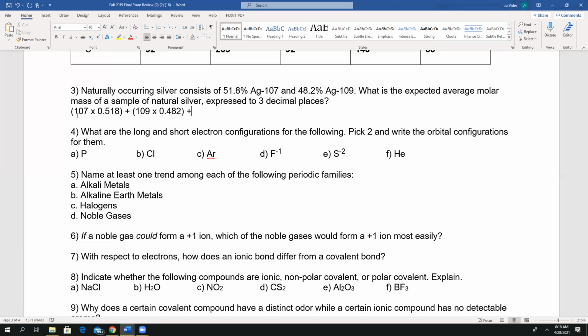And I get, man, that's supposed to be equal. Oops, it's supposed to be equal. Equals 107 point, it says to 3 decimal places, so 964. And that is it right there. Okay.